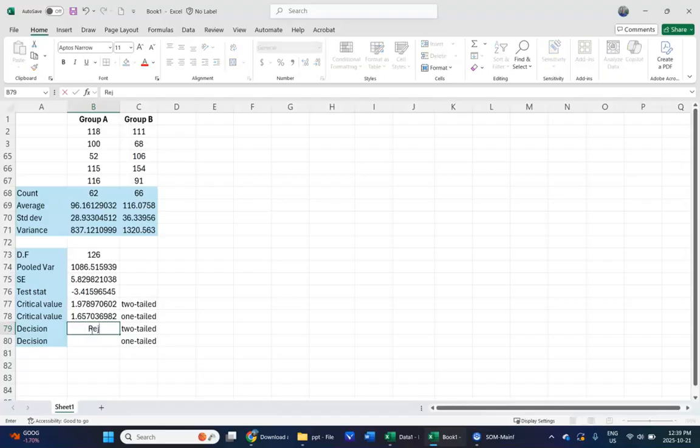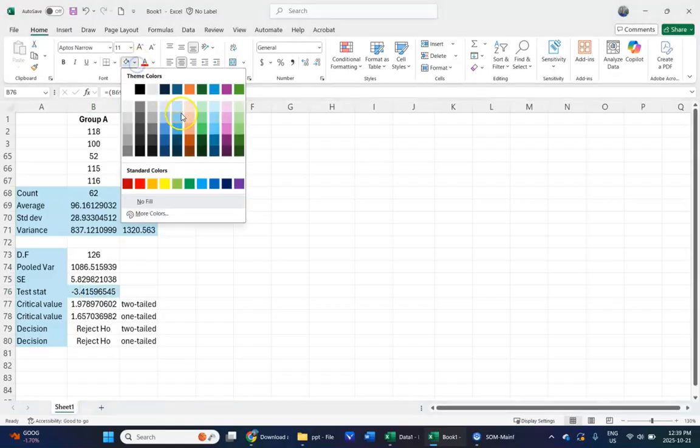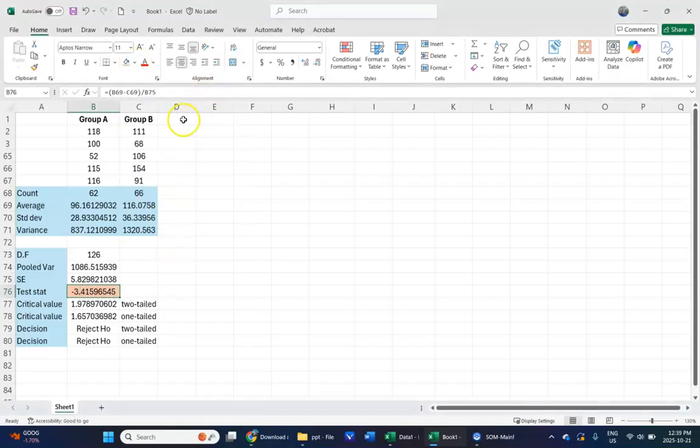So we're going to reject the null hypothesis. And we're going to make the same decision if it was a one-tailed test, reject the null hypothesis. Because 3.4159, let's just color code that because that's a key value, is greater than both the critical values for the two-tailed and one-tailed test, so we reject. We can calculate a p-value as well for both a two-tailed and a one-tailed test.